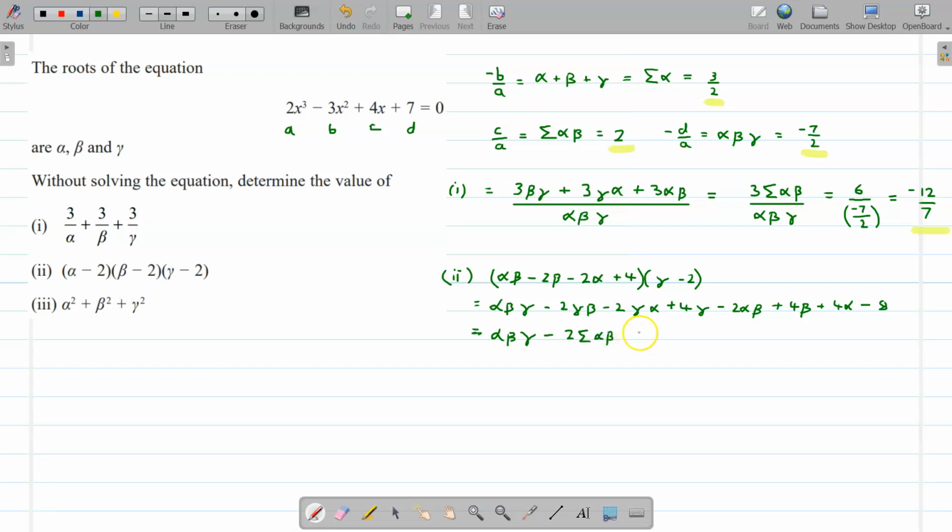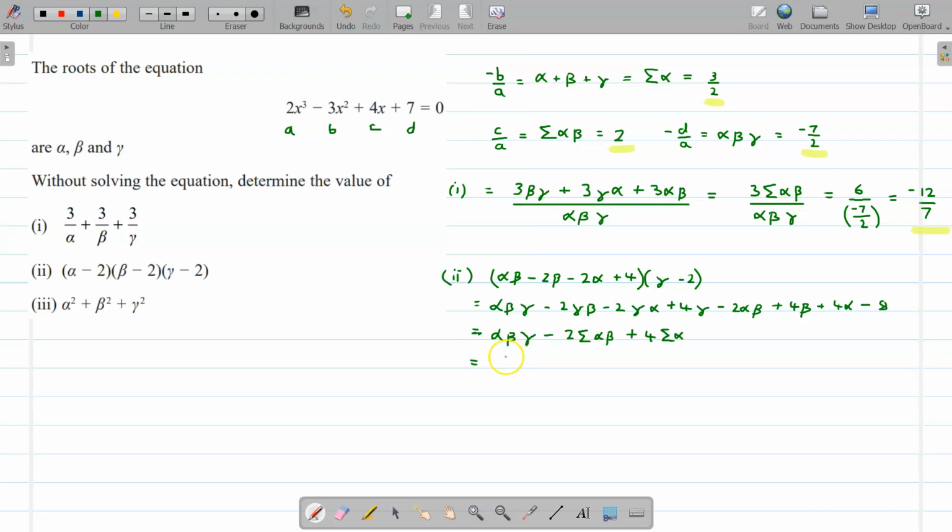You've also got 4 lots of the sum of the roots, which is abbreviated like that. So we know all those values.